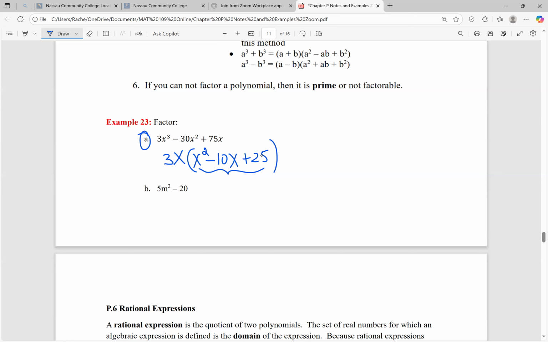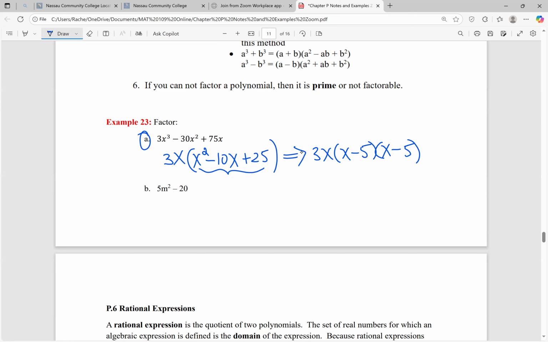So this is going to be equal to 3x, because that factor is not going anywhere, but I can further factor this trinomial. And we said, all right, a negative 5 and a negative 5, right?